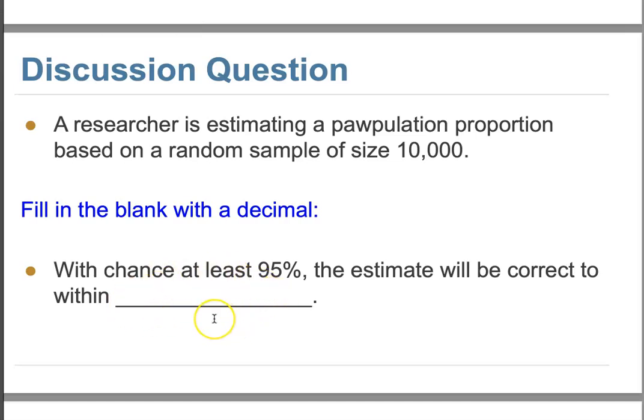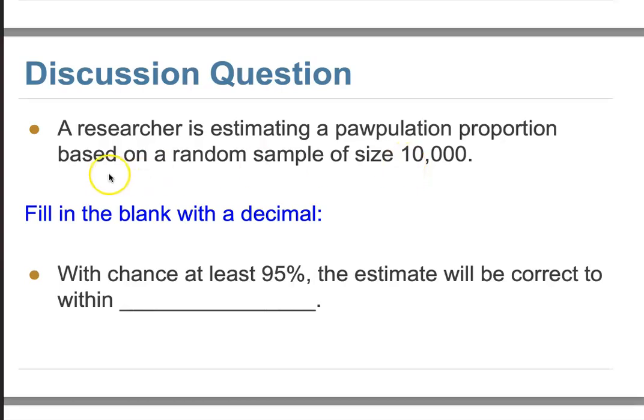So on the other hand, you need to find the interval for that. Then the interval divided by half will be your margin of error. So pause the video, discuss with your friends, and get the answer before you continue to see the solution.